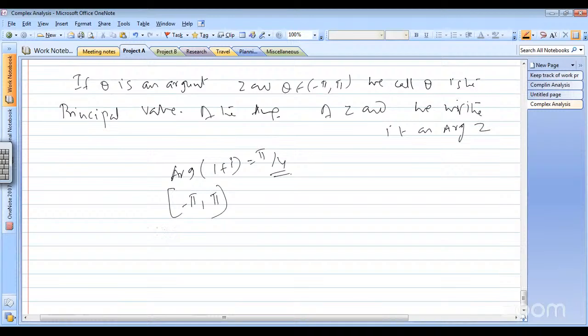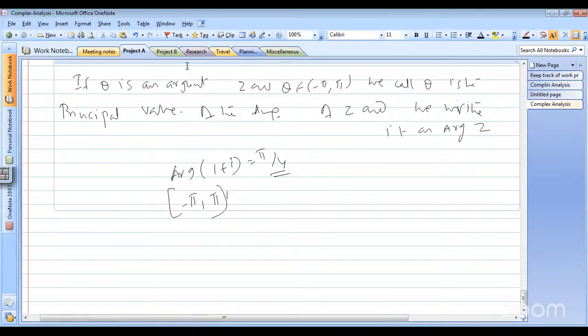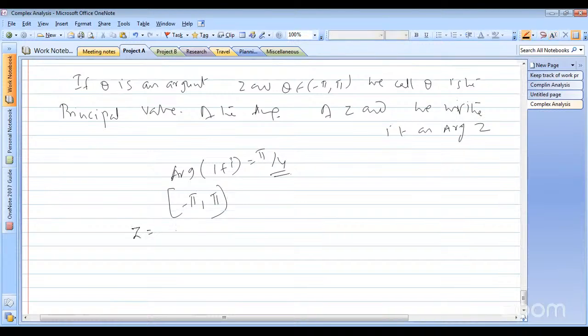Now, addition and subtraction of complex numbers given in polar form is not convenient. So let z is equal to r into cos theta plus i sin theta, and w is equal to rho into cos phi plus i sin phi.